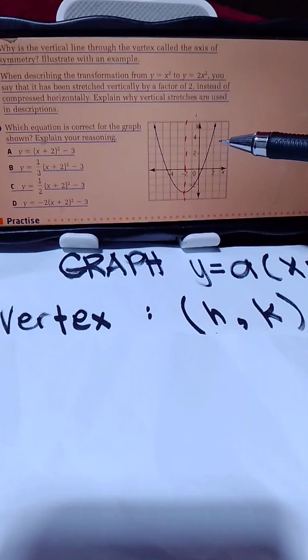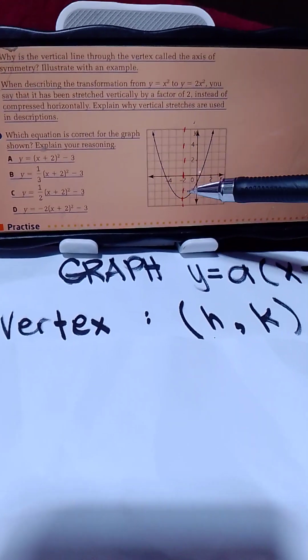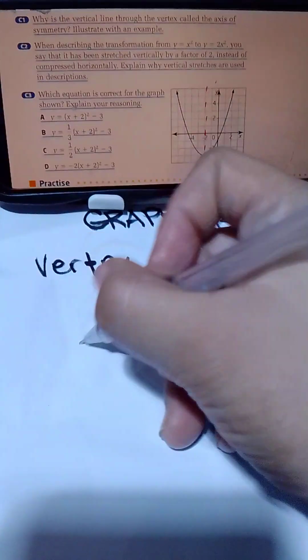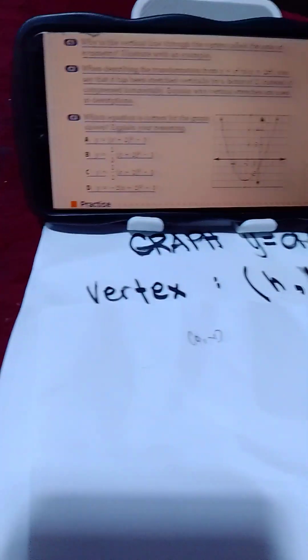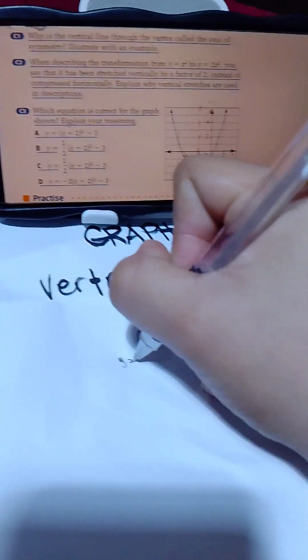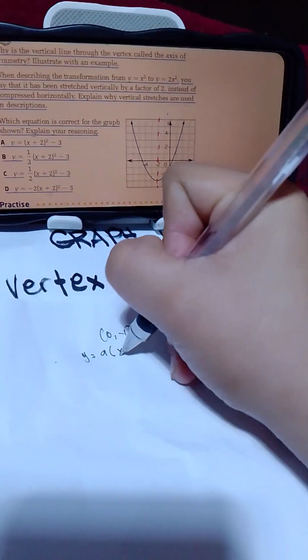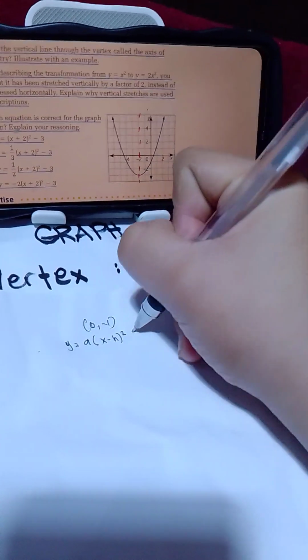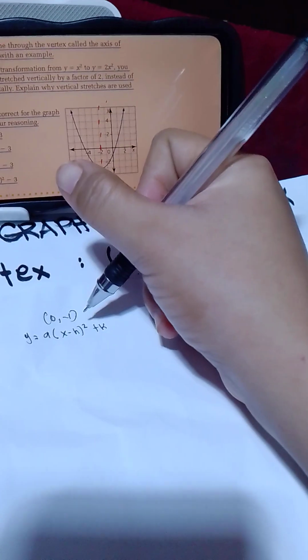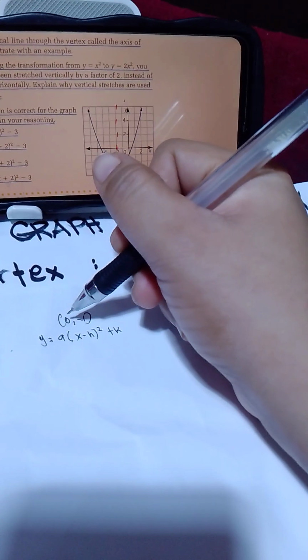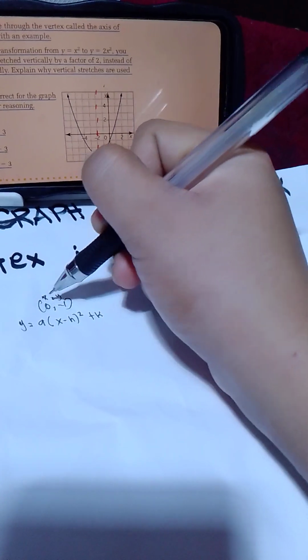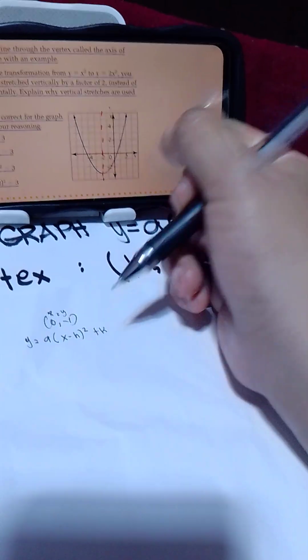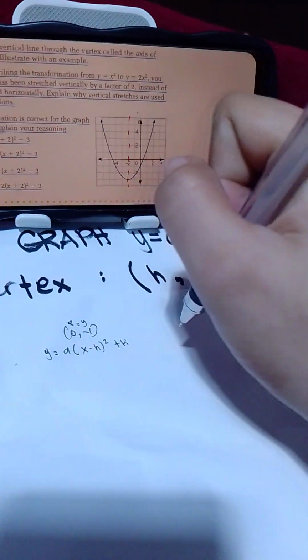That point passes through this parabola. We have a formula of y equals a times (x minus h) squared plus k. All we have to do is substitute the values of x and y into this formula.